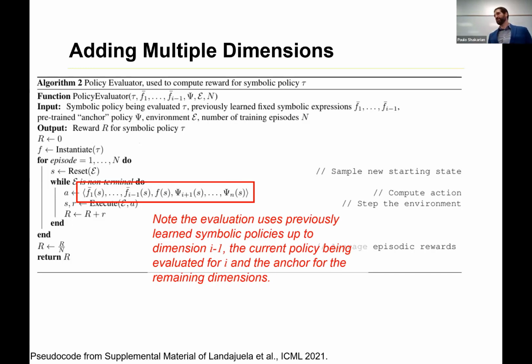These are the previous iterations. So these are the functions that have already been learned using symbolic regression. F of S is the new thing. And then psi i plus 1 through N, this is coming from the anchor model.